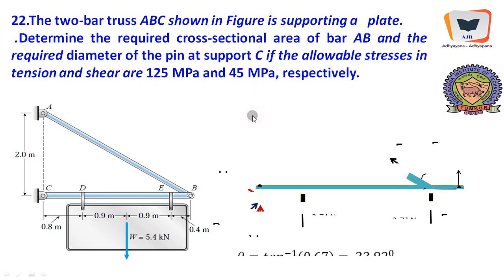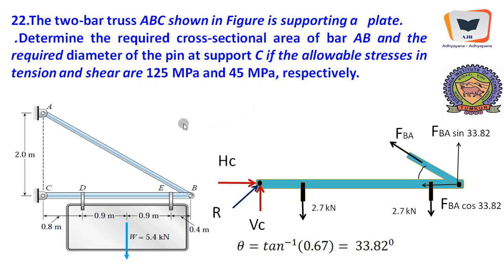And this problem represents a system, a frame and a hanging. The hanging is held by two links, one over here and one over here, that are symmetrical, and you can notice over here it is 0.9, it is 0.9, and the weight of this particular hanging happens to be 5.4 kilonewton. Therefore it is pulling these links.